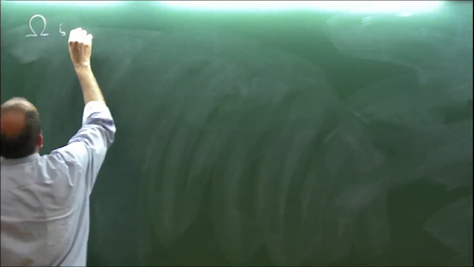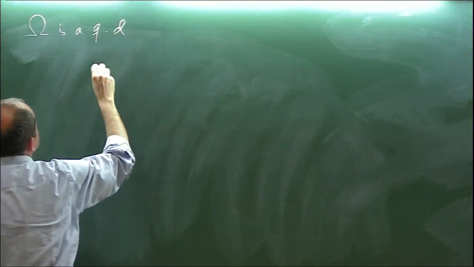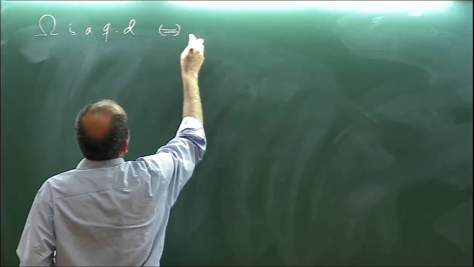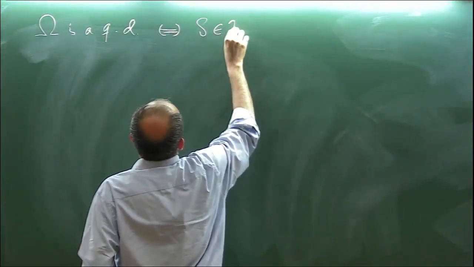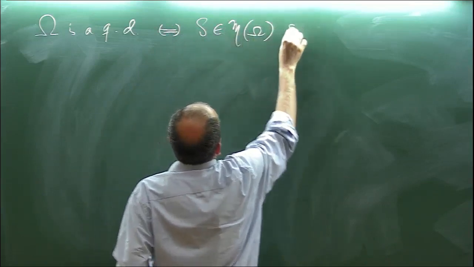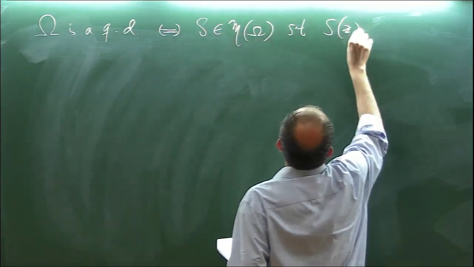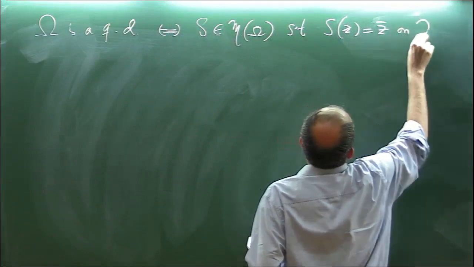So now let's look at the following situation. Omega is a quadrature domain, which means that there is a meromorphic function S such that S of Z is equal to Z bar on the boundary.